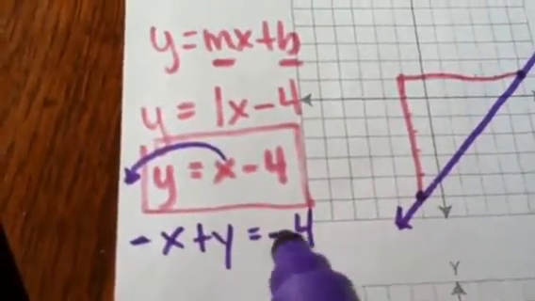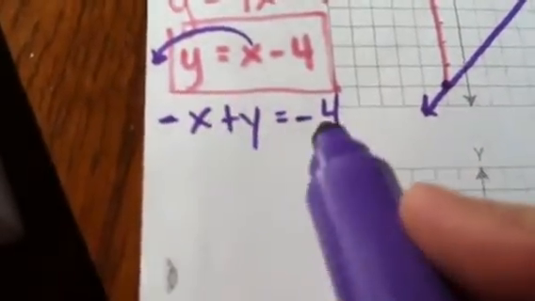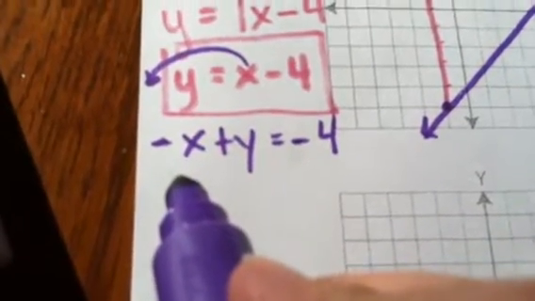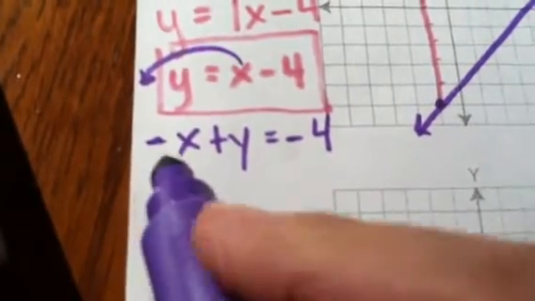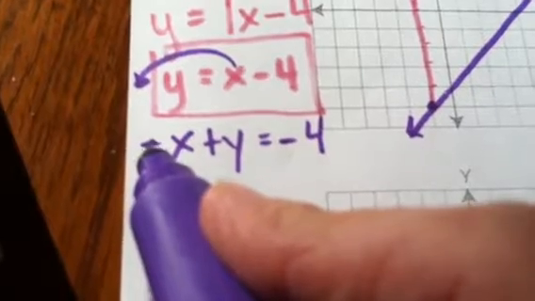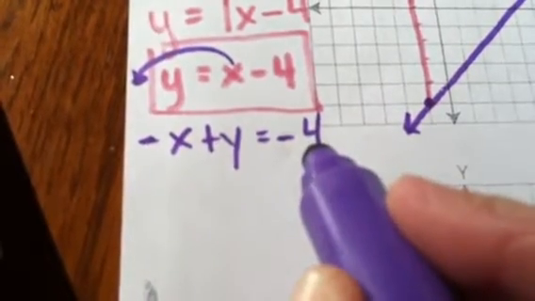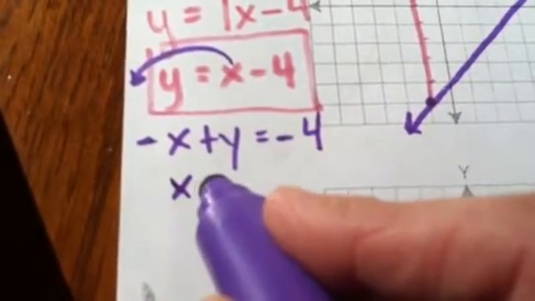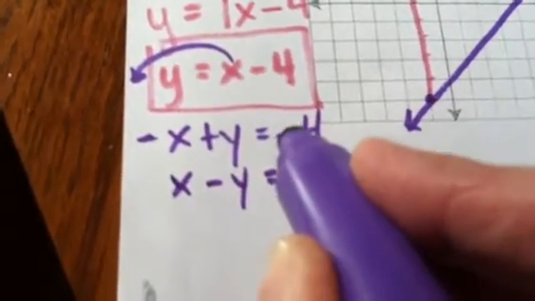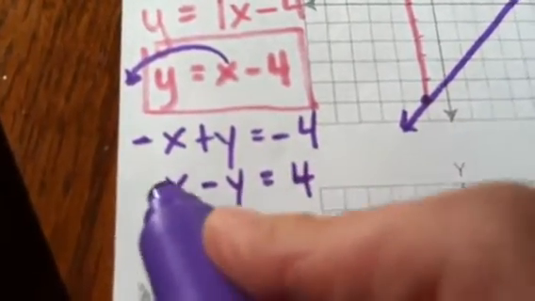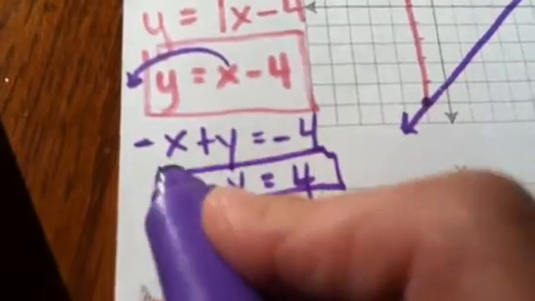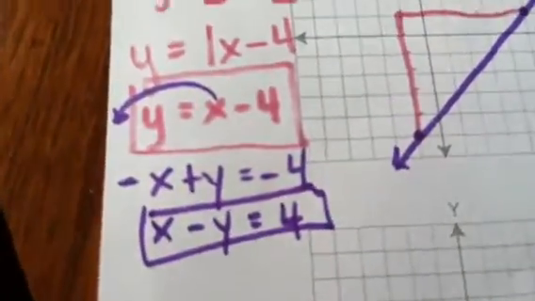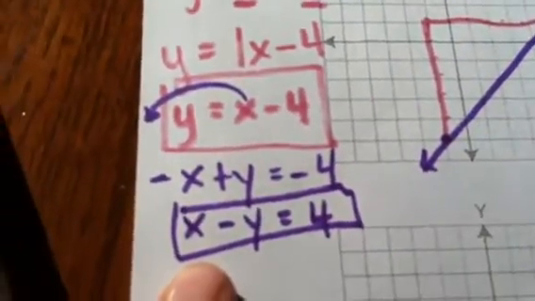That's probably fine, and the answer key might have that. Personally, as I said on the other video, I like that first term to be positive, but if I change the sign of this first term, I have to change the sign of all the terms. So this becomes x minus y, and instead of a -4, it'd be +4. So this is my preferred answer right there. I'd be curious what all of you end up coming up with.